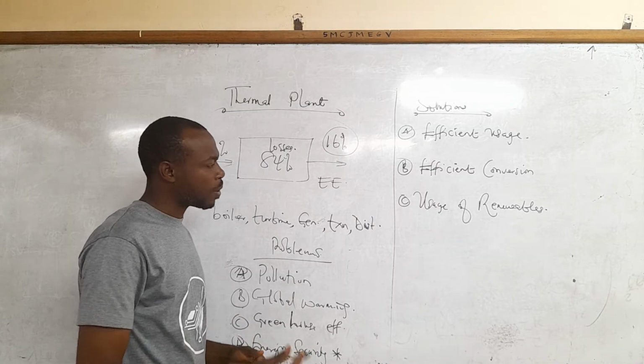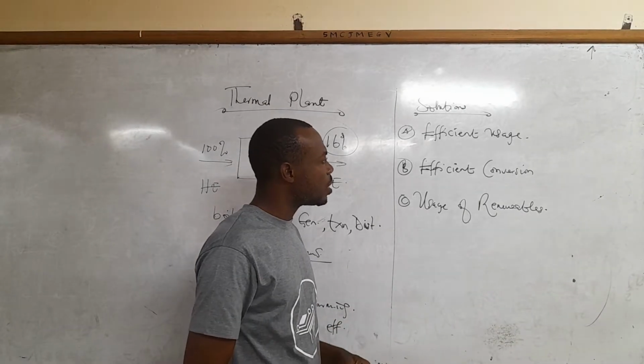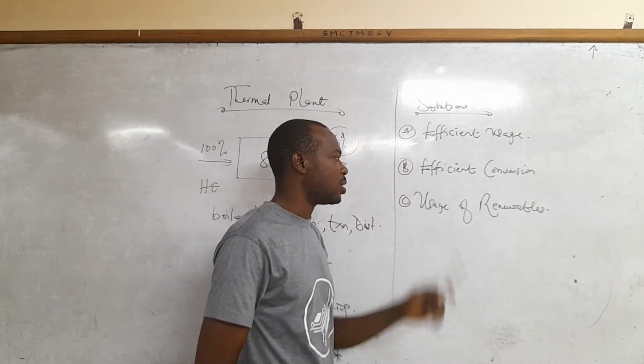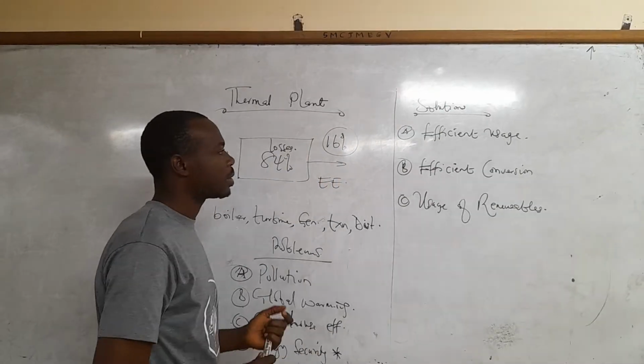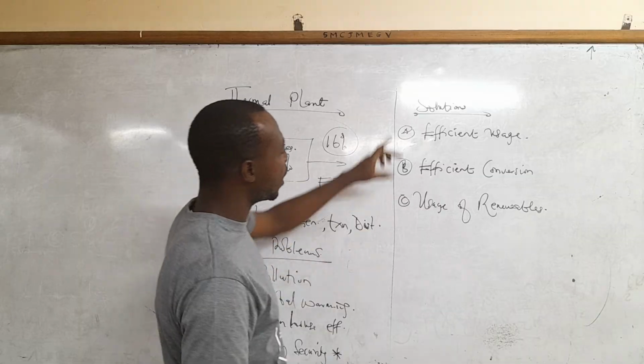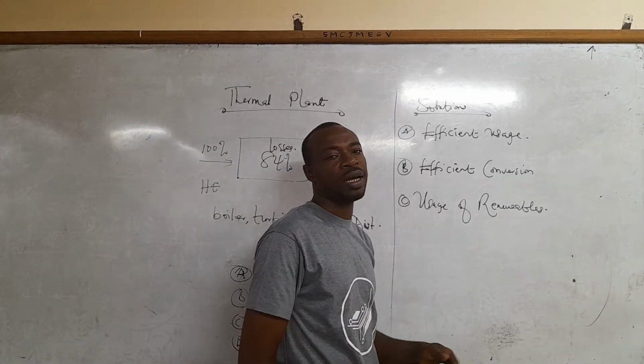Now, as power electronics students or people in the electrical field, we try to deduce some means of coming out with solutions to these problems. So the first point that we tackle here is an efficient usage of this electrical energy.